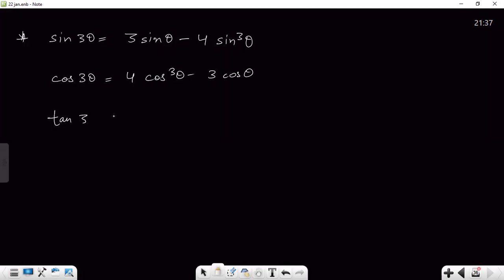Tan 3 theta, very important: 3 tan theta minus tan cube theta divided by 1 minus 3 tan square theta. These are important ones.